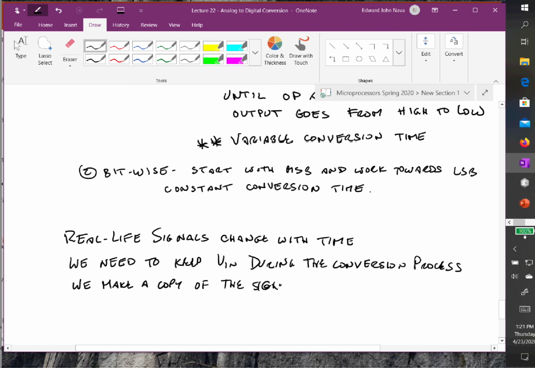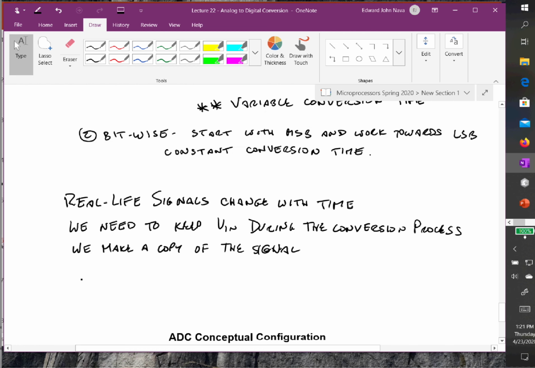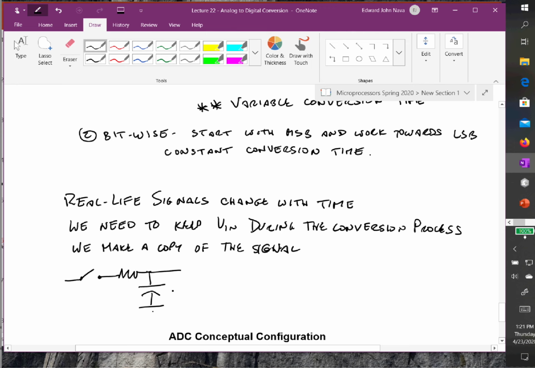The way we do that is as follows. I'm going to have some sort of a switch, conceptually, and a resistor, and here's my VN sample. Here's my VN, which changes with time.